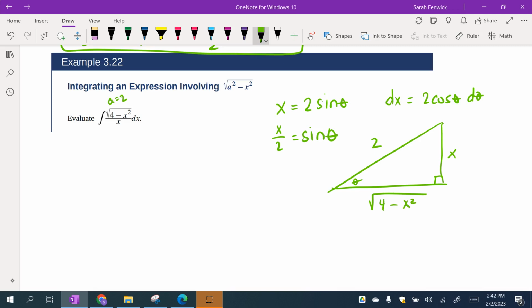All right, come over here, integrate. 4 minus, I'm going to go ahead and square the 2 sine theta when I put it in. Just saves a step later. All over 2 sine theta times 2 cosine theta d theta.